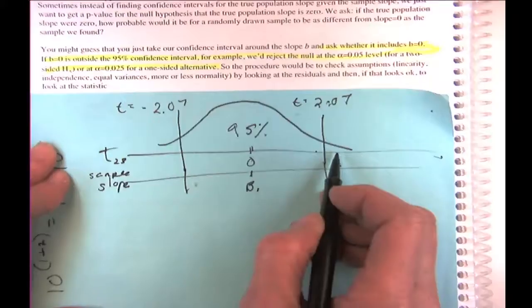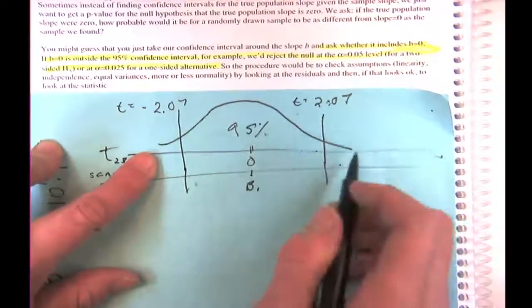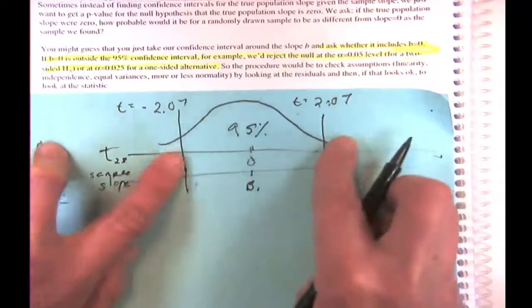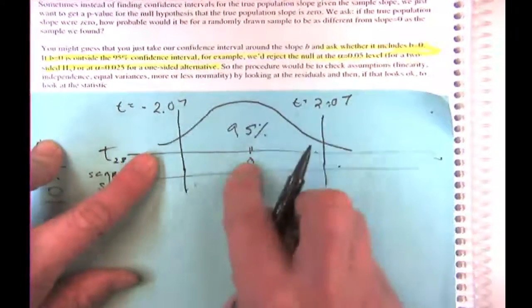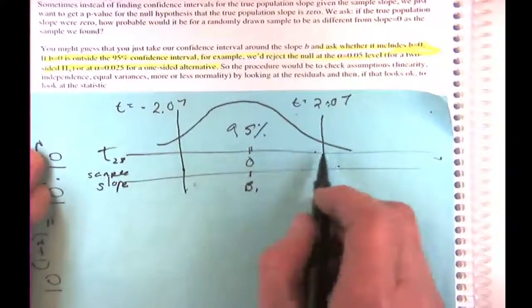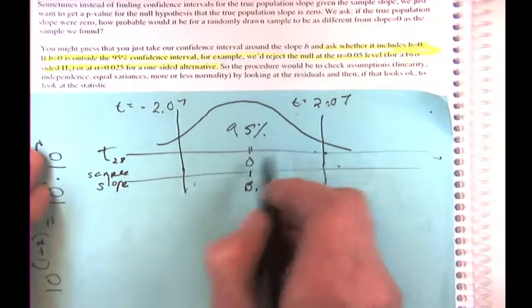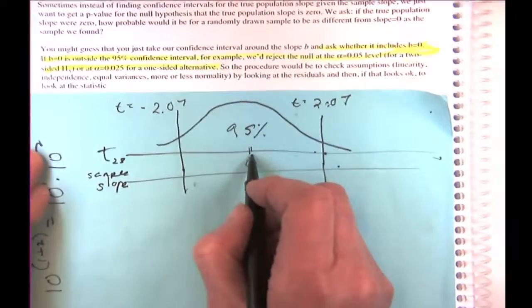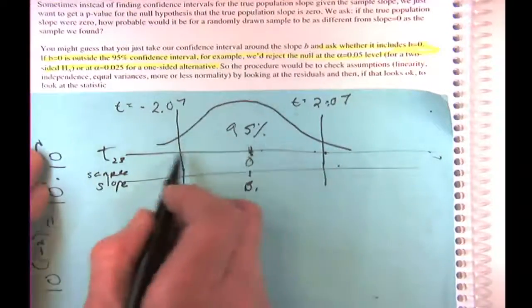But 5% of the time, we're going to be outside that range, and we would reject the null that it's 0. Let's say we're right at 2.07: you go down 2.07, up 2.07, and we're right at 0. So anything beyond that, we're not going to include 0. Same if you get the negative.